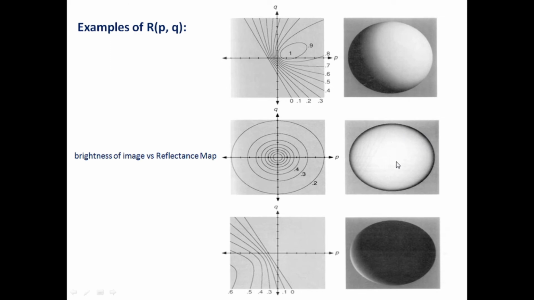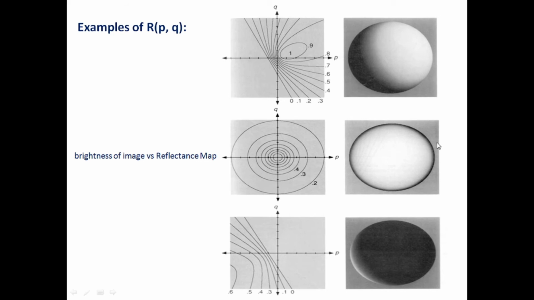Coming to the center image, it is a bit lighter image. A lighter image means the gradient space will appear in this manner. The light is focused on the center, and slowly, as you move towards the edge of the sphere, it becomes darker. This is the effect we get from this kind of shading image: this is my reflectance map, my gradient space.